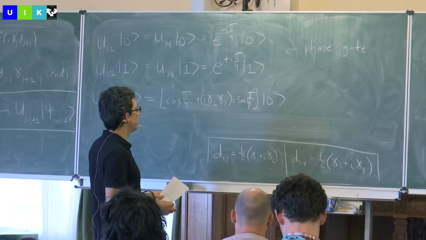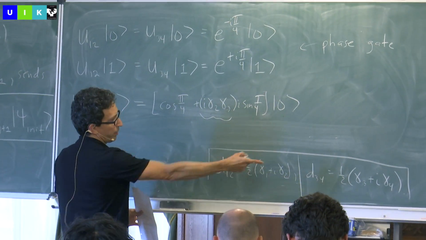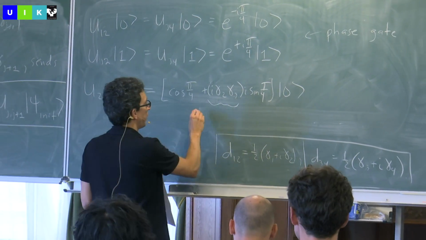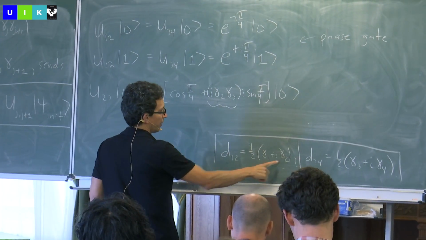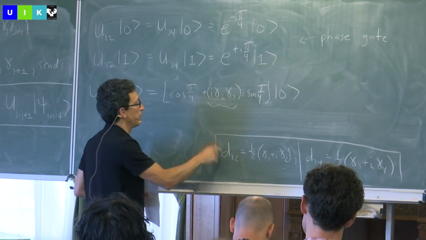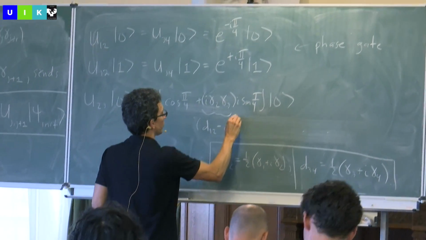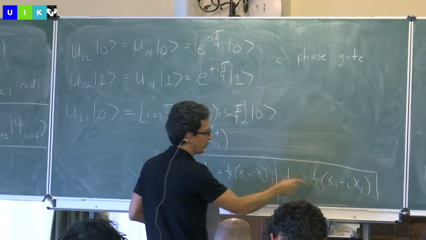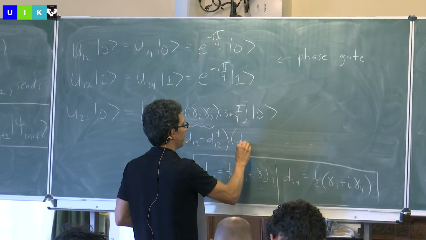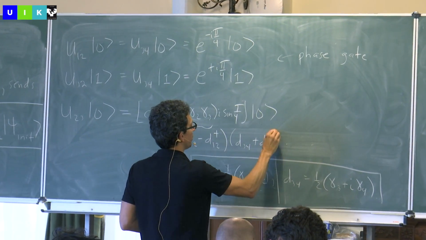So let's just take this i gamma 2 gamma 3 and use these equations to rewrite them slightly. To get i gamma 2, that's just D12 minus D12 dagger. And the gamma 3, that's just the real part of D34, so that's D34 plus D34 dagger.